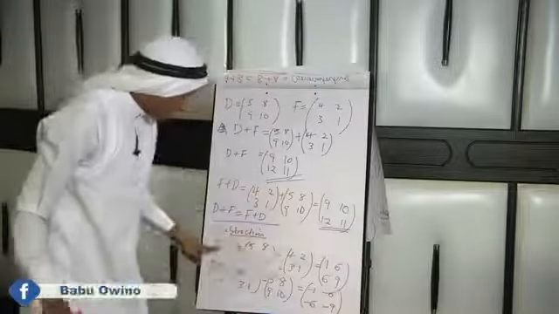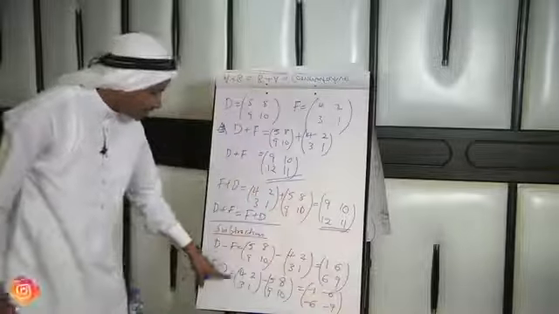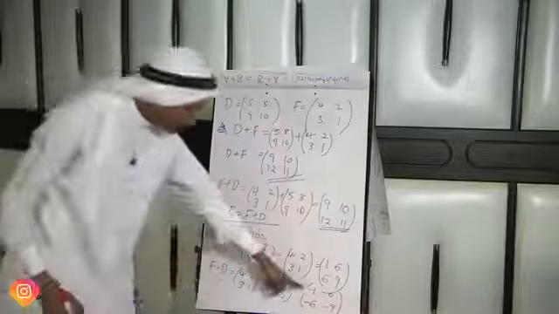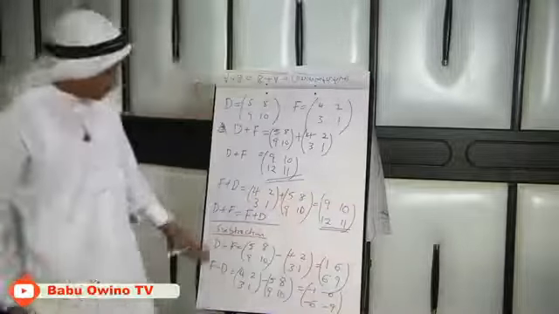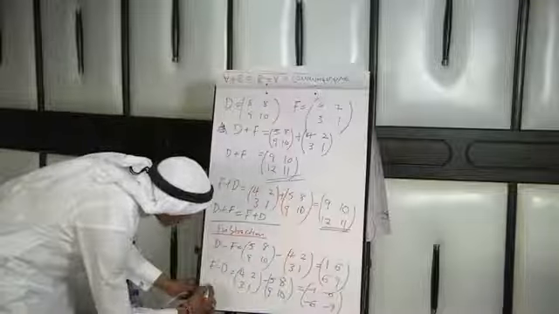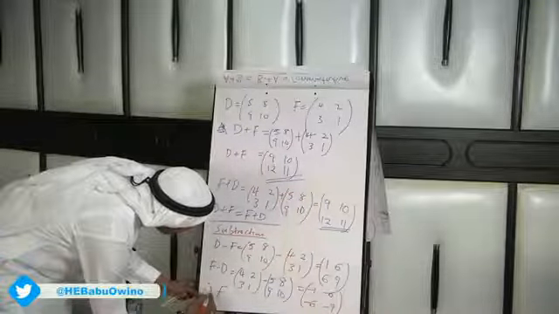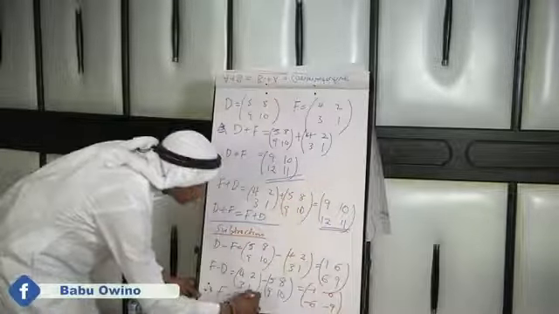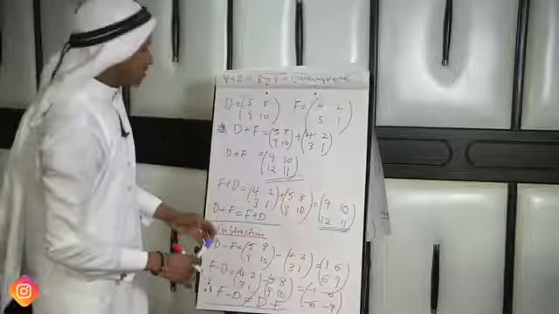So D minus F is 1, 6, 6, 9, and F minus D, when you interchange them, gives you minus 1, minus 6, minus 6, minus 9. Therefore, F minus D is not equal to D minus F. They are non-commutative.